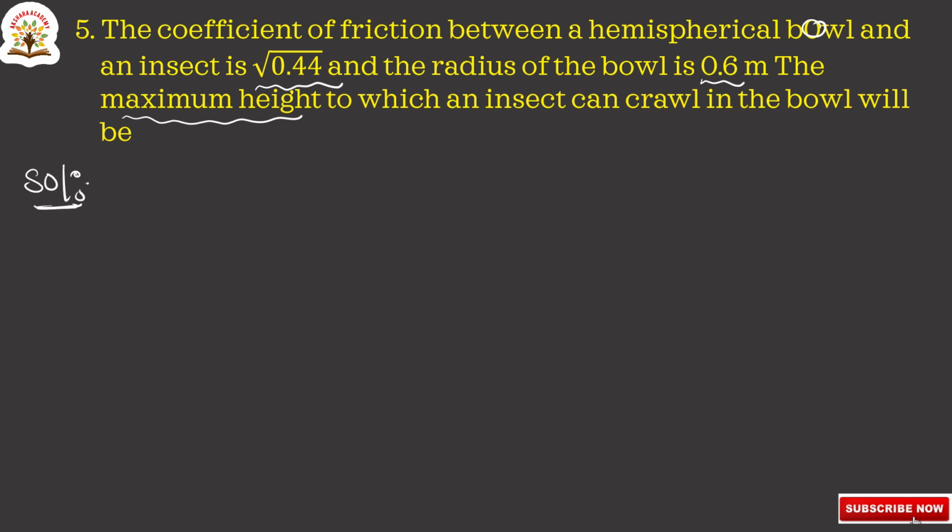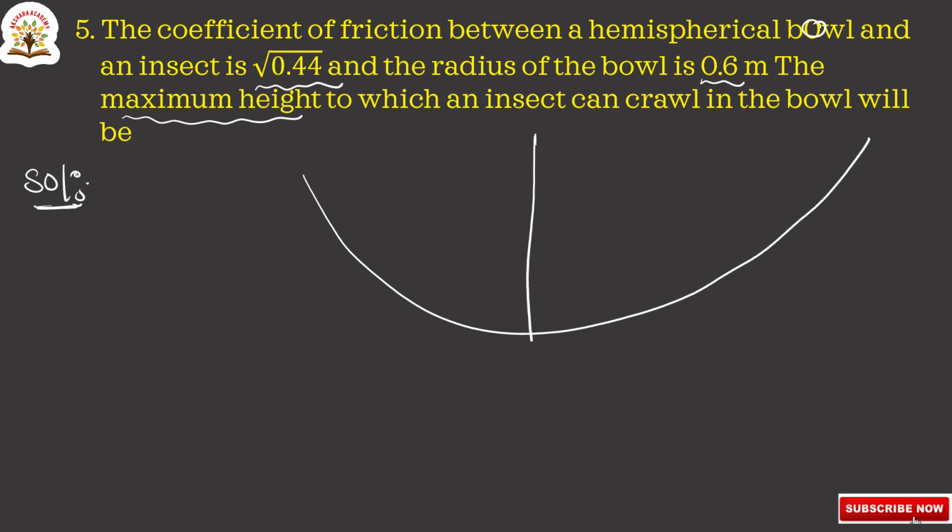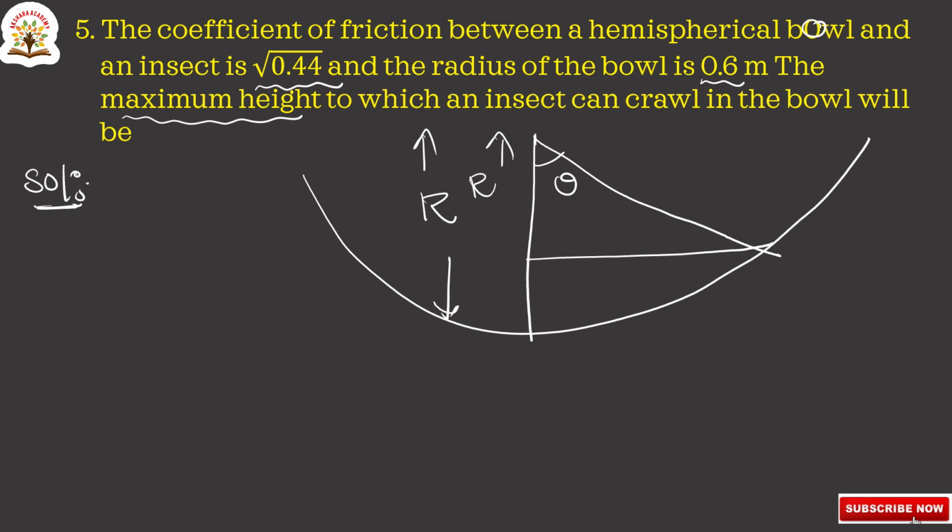Here, suppose we are taking this hemisphere, and for example it is making an angle theta. Here we are taking r cos theta, and this is the height.